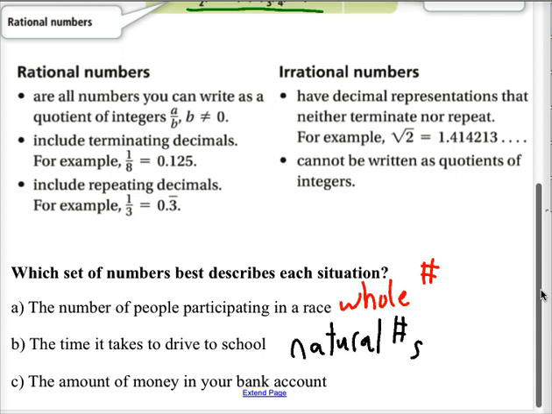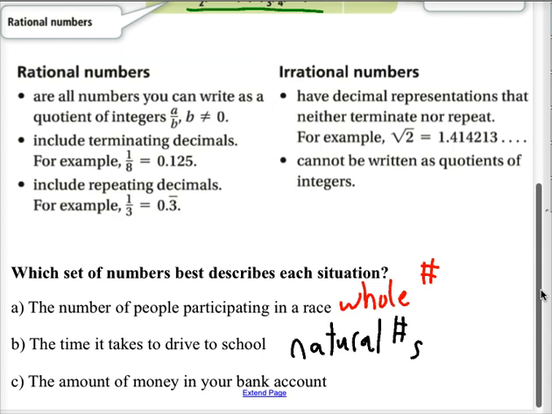The amount of money in your bank account. Can you have positive money? Well, naturally. Can you have negative money? Can you go into debt? The answer is yes. That's where people start getting themselves into trouble, if they spend more than they have and end up with negative money. Now, can you also have parts? Do you have to have whole dollar increments?